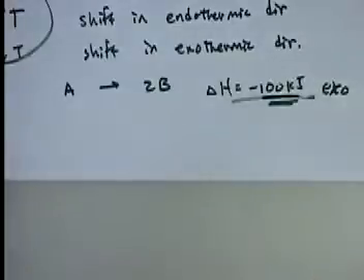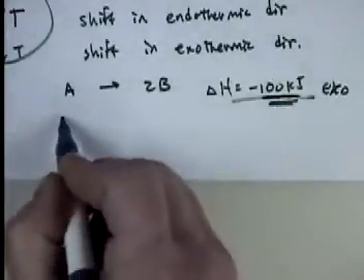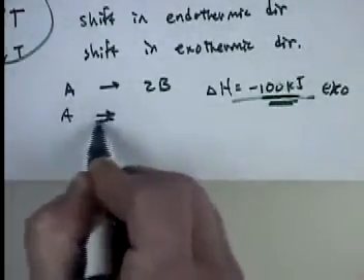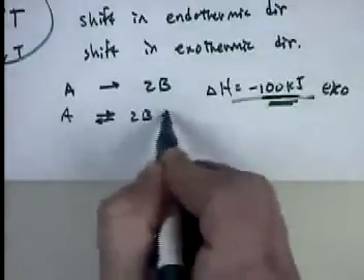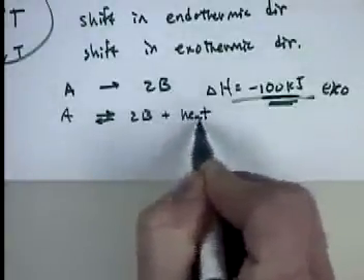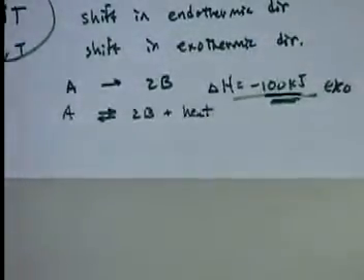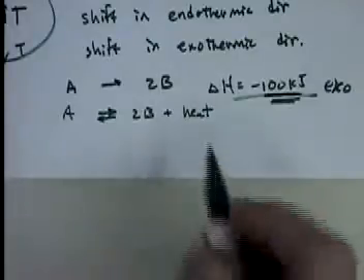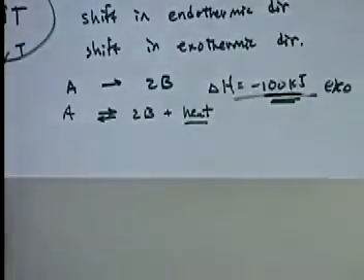So write energy, or heat in this case, as a reactant or a product. Since it's energy being given off, rewrite the reaction as A goes to 2B plus heat, because heat's being given off. And then when they tell you there's a change in temperature, look at it in terms of heat being a reactant or a product.